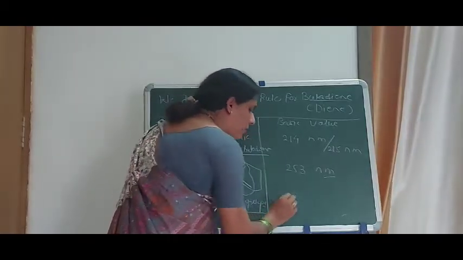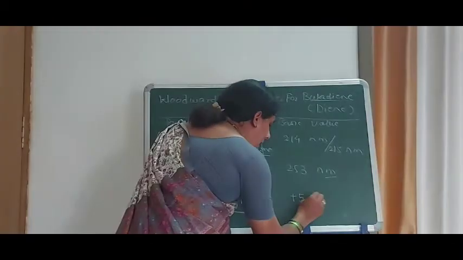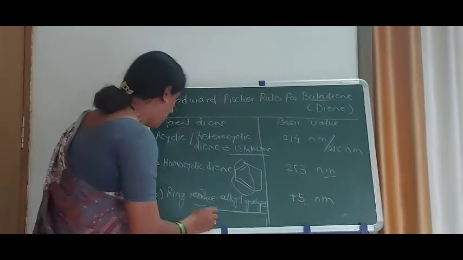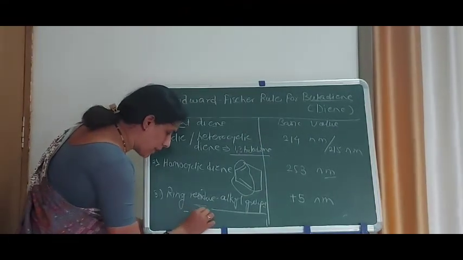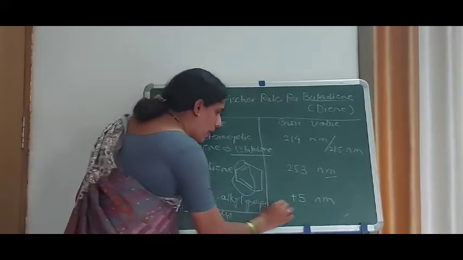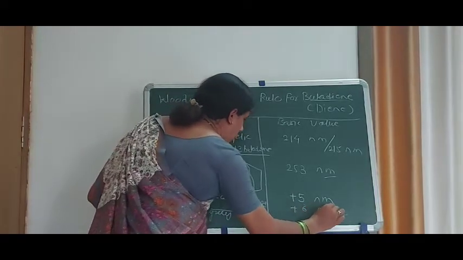For each alkyl group or each ring residue, you have to add 5 nanometer. For an OR group, an alkoxy group, you have to add plus 6 nanometer.